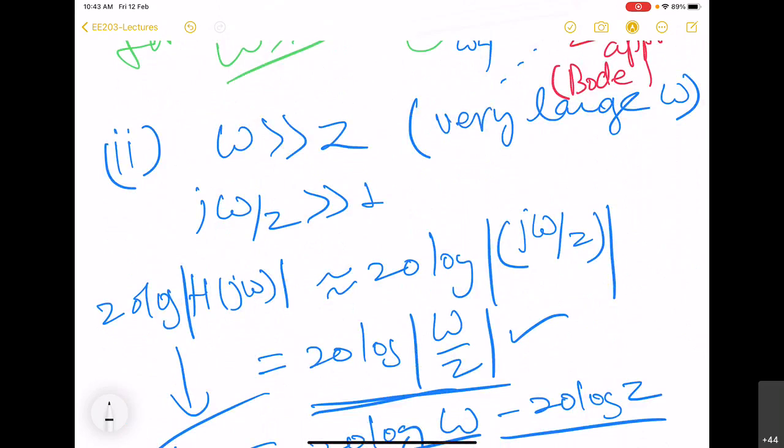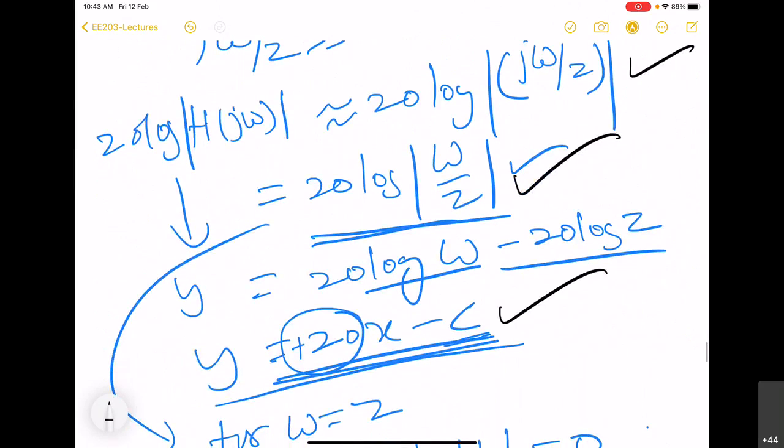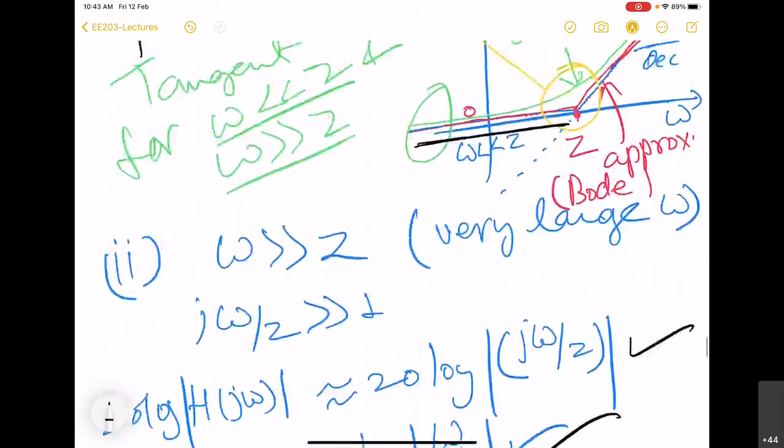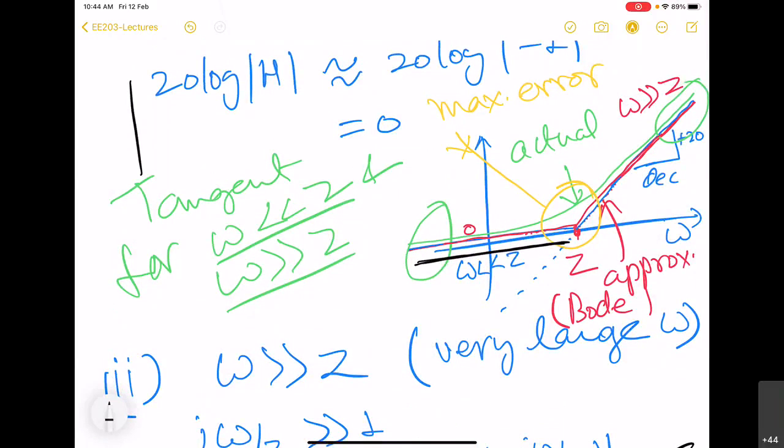So this will still be true here. So we will still be getting this thing, and we will still be getting this curve. That means even if we have a negative 0, the approximate plot is going to be exactly the same. Right?